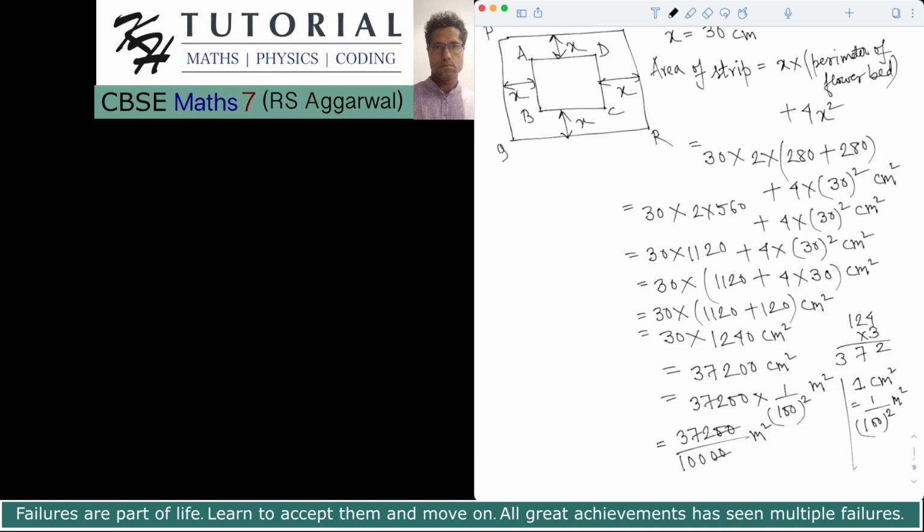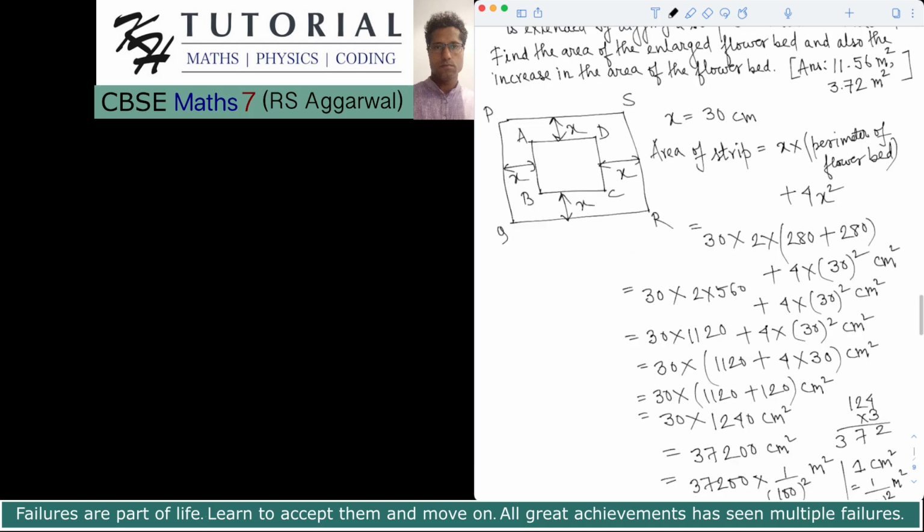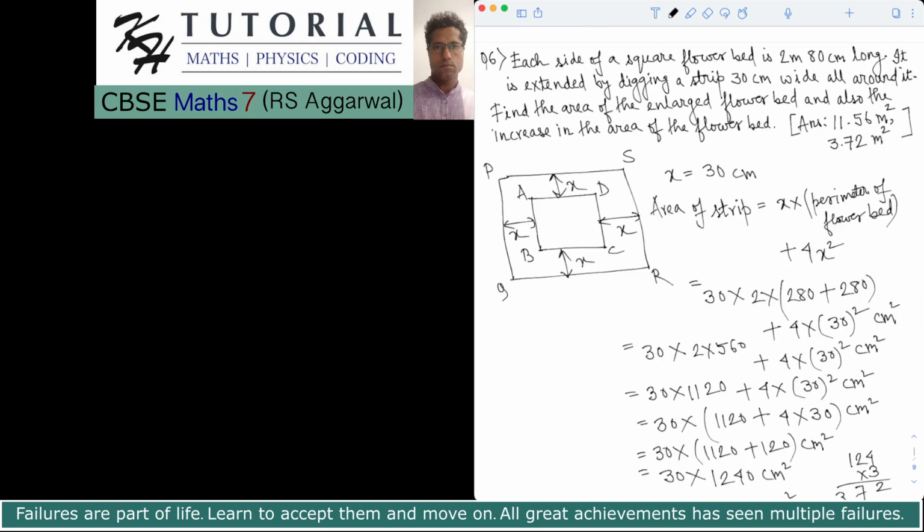So this is equal to 3.72 meter square is the area of the strip, which will also be the increase in the area of the flower bed.